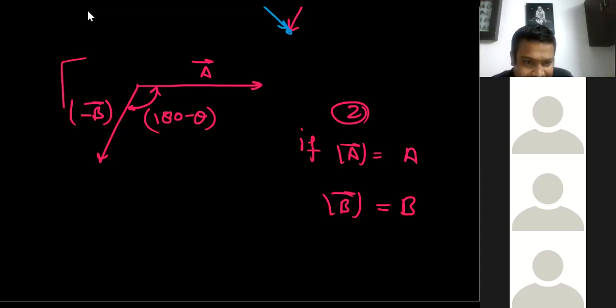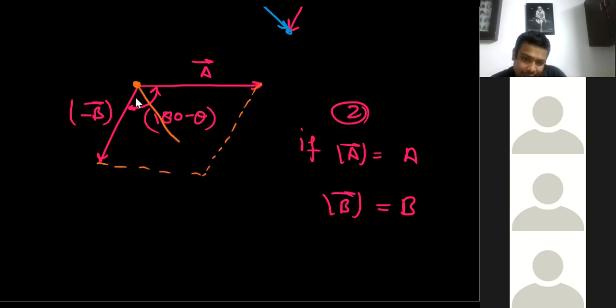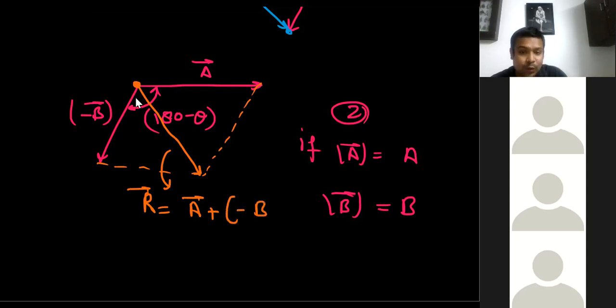In this figure 2, please see this figure 2, vector A and minus vector B are the adjacent sides of a parallelogram. As we know, if two vectors show the adjacent sides of a parallelogram, then the resultant represents the diagonal of this parallelogram. So this is the resultant, which is equal to vector A plus minus vector B, or vector R is equal to vector A minus vector B.